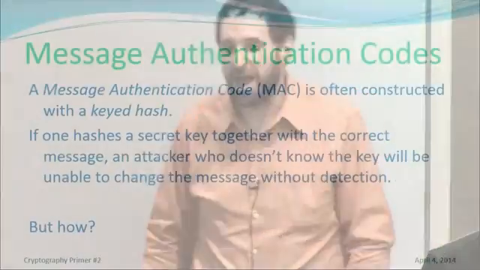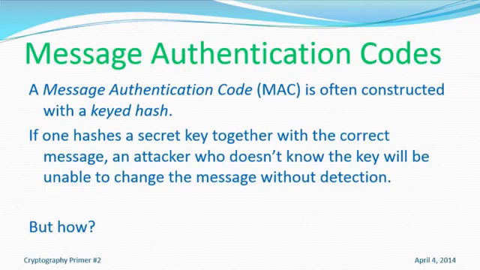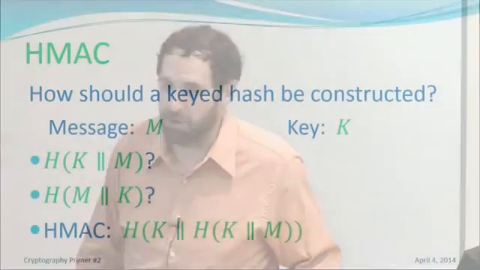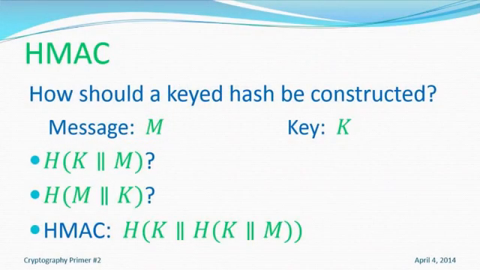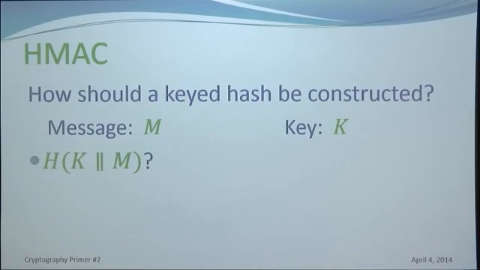But there's a question of how we're going to do this. And the "how" comes in this form. Suppose we have the data, the message, and the key. Remember, a hash function just takes a big block of data. It doesn't care what's what. Should we take the key and then append the message? Should we take the message and then append the key?